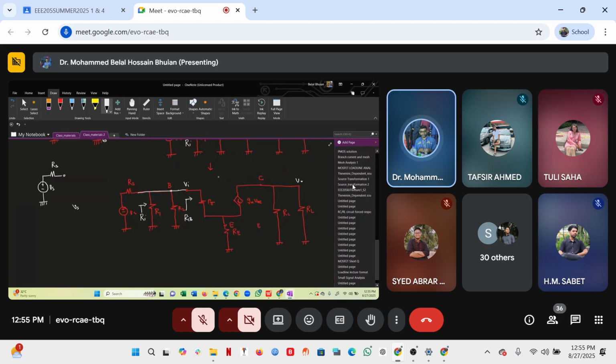It's a signal source, AC signal. So now, since it is a signal source, the currents flowing here are small signal IB, small signal IC, and small signal IE, and the voltage here is small signal VB.